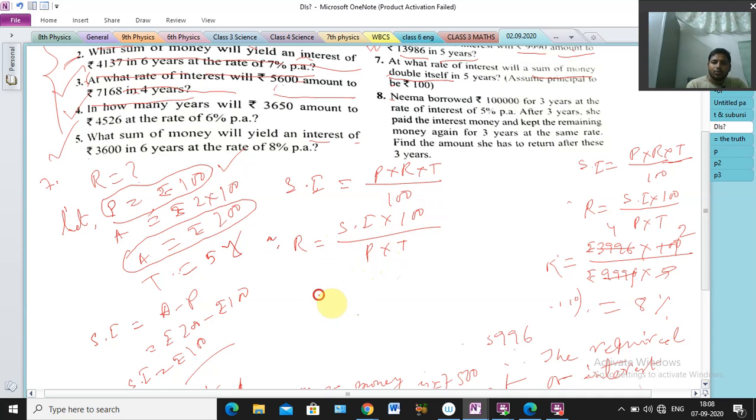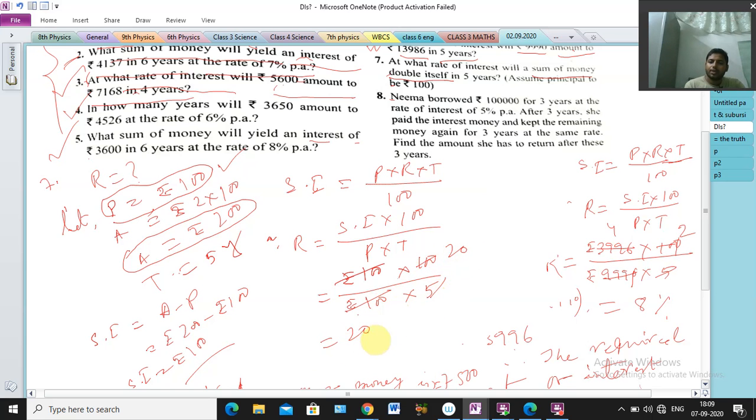Okay, so now put the values. SI, sir, how much, sir? SI 100 rupees into 100 by P, sir, what? P also 100 rupees. Principal also 100 rupees. And time is 5 years. Okay, clear? So now see, these 100 and these 100 we can cancel it. Okay, and 5 and 100 we can cancel it, 20.